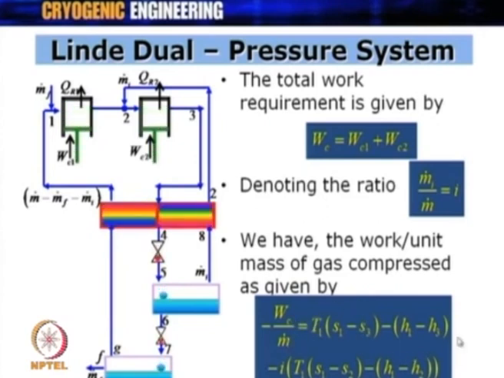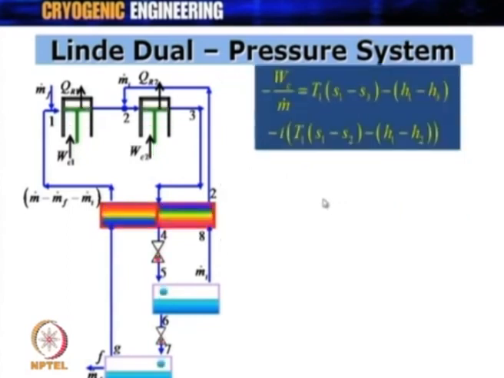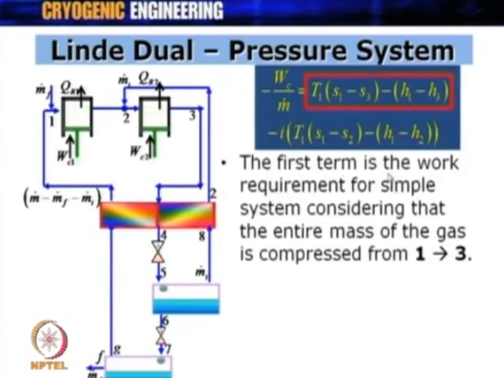The first term denotes as if the whole thing is compressed from 1 to 3, and the second term denotes, depending on the value of I, what is to be deducted from it, that is I into [T1 (S1 minus S2) minus (H1 minus H2)]. This much work will be done less as compared to the compression carried out from 1 to 3. The first term is the work requirement for a simple system, considering that the entire mass of the gas is compressed from 1 to 3.